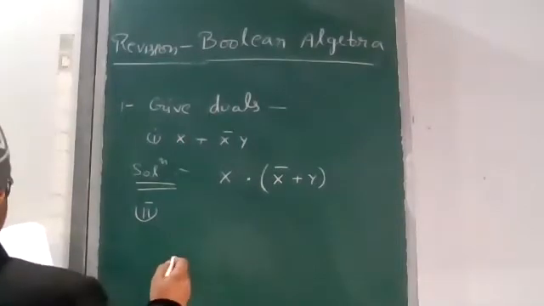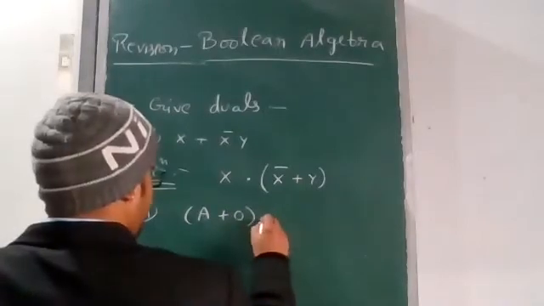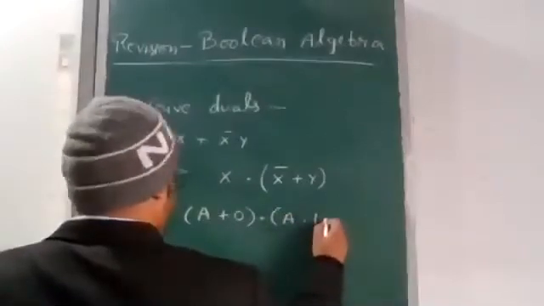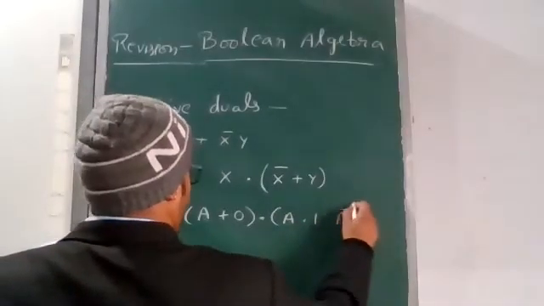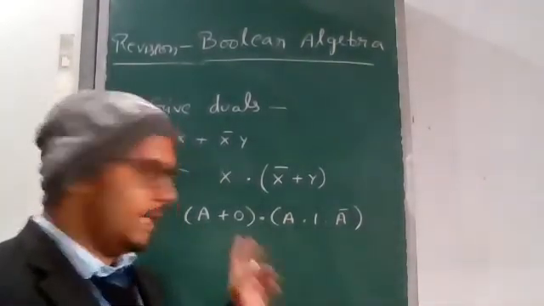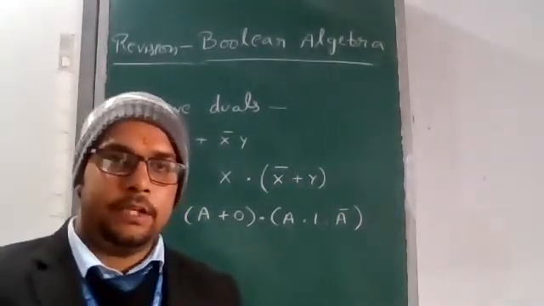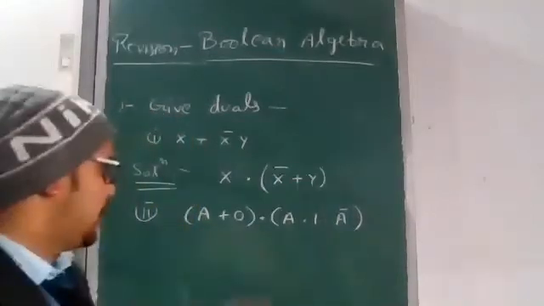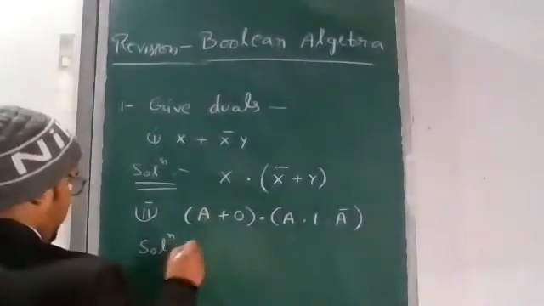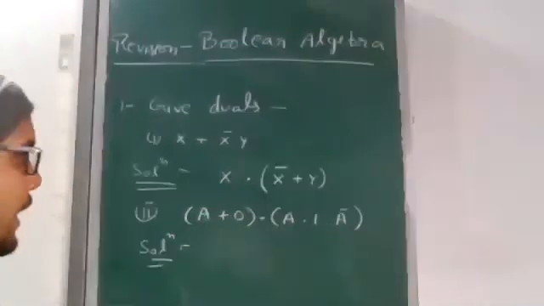Second question is a plus 0 dot a dot 1 dot a complement. In this expression, there are operators as well as digits like 0 and 1. 0 and 1 are the binary values. So according to the rule, you have to change all dot sign to plus sign and plus sign to dot sign, and each 0 to 1 and 1 to 0.